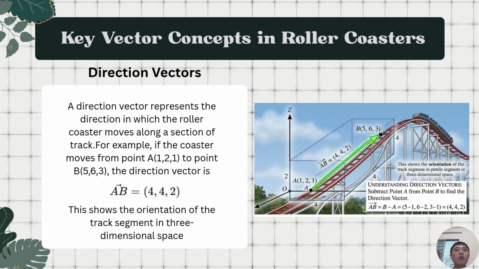The engineers want the transitions between the track sections to be smooth because sudden or sharp changes in direction can make the ride uncomfortable or unsafe. By analyzing the direction vectors, the engineers can design the path of the roller coaster more effectively and make sure the track flows smoothly from one section to the next.